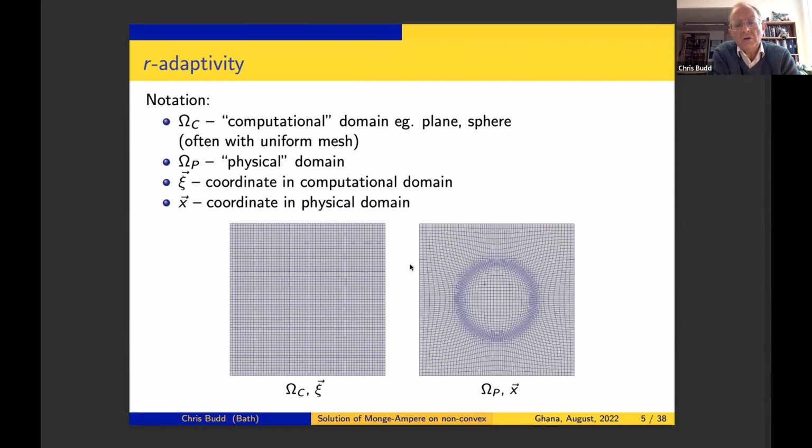Now, if you do H-adaptive meshes, then you have to talk about cohomology and all sorts of fancy topological ideas to describe the mesh. In our adaptivity, it's much simpler. The mesh is simply the image in the physical domain of a regular mesh in the computational domain. So that's how the process works. And as I say, you make that image concentrate the points where the monitor function is large.